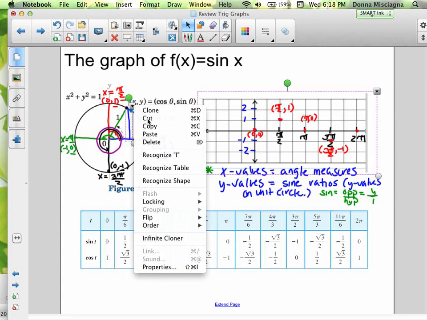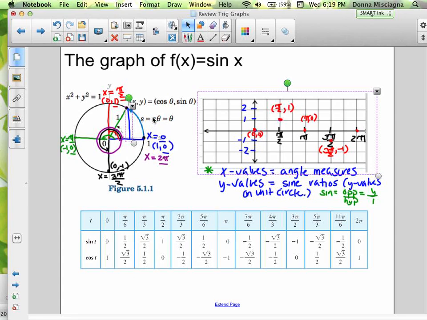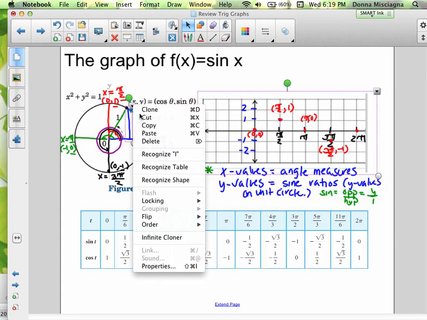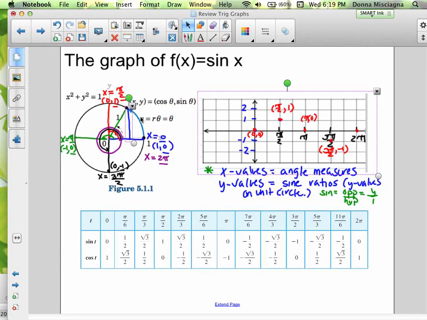Cut. No, not copy. Cut. Did it cut? Oh, I don't think so. Go away, little blue line. Okay, I'm going to make that a little shorter. I'm actually going to make it go here, just so it looks a little more realistic.